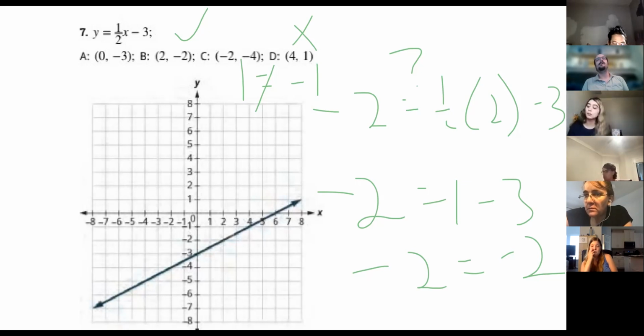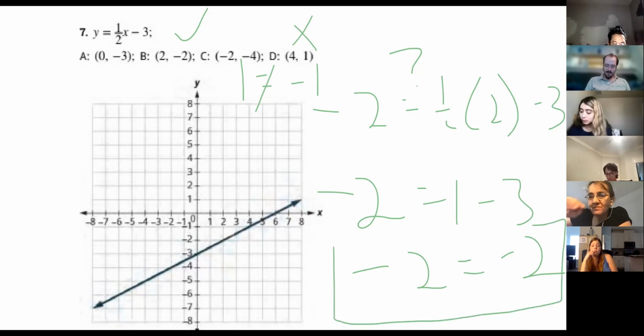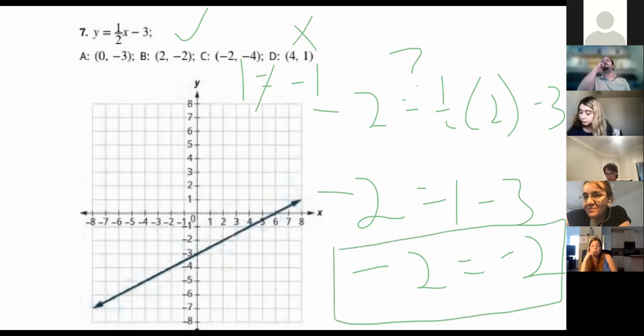I went and did the solution itself. I put the X and the Y in there and solved the equation. But I'm still not seeing how one could be a solution and the other one not if I don't see it on that line.